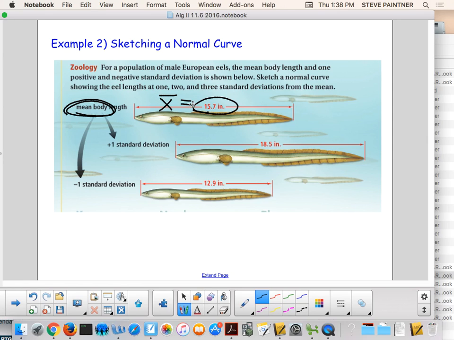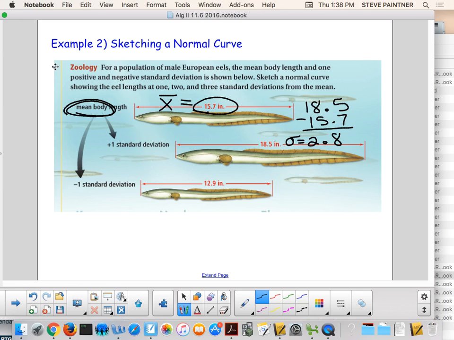If you added the standard deviation to this number to get to that number, how do you get the standard deviation? 18.5. Yeah, you just subtract. Take the 18.5, subtract the average, and get, did you say 2.8? Yes. Okay, so that's what we think the standard deviation is. But you better double check yourself.